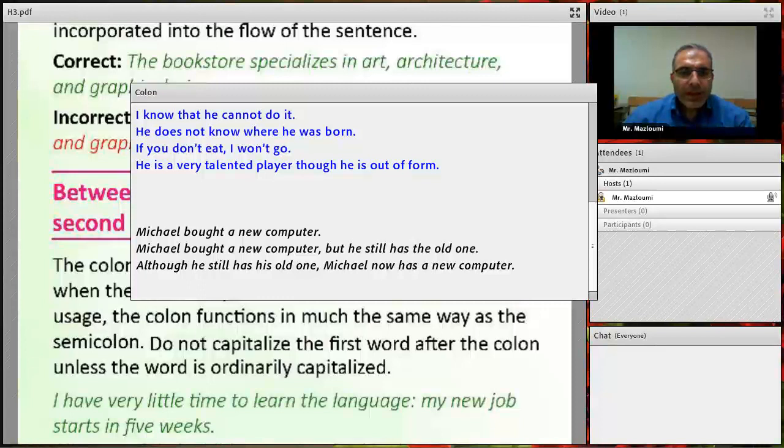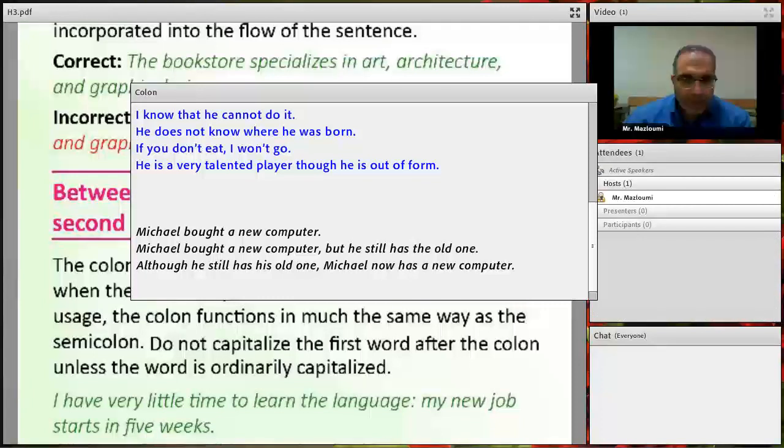Both of them are main or independent clauses. So I can't cook very well is an independent clause. It is a main clause. I make quite good pancakes, again, is a main or independent clause.